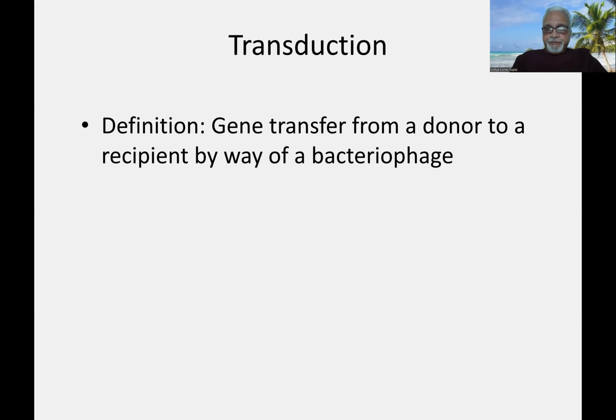So basically, when we talk about bacteriophages, we are talking about viruses which survive on bacteria. Here, the transfer of DNA from donor to recipient takes place through these viruses, which we call bacteriophages.